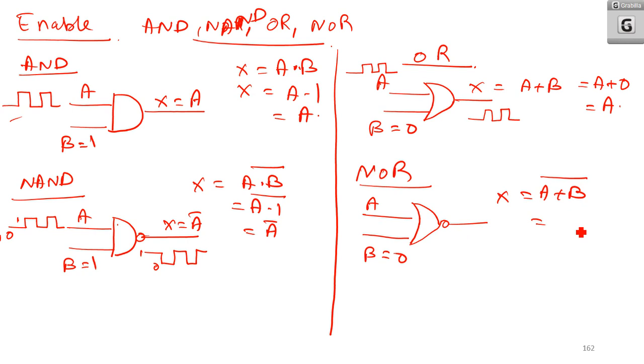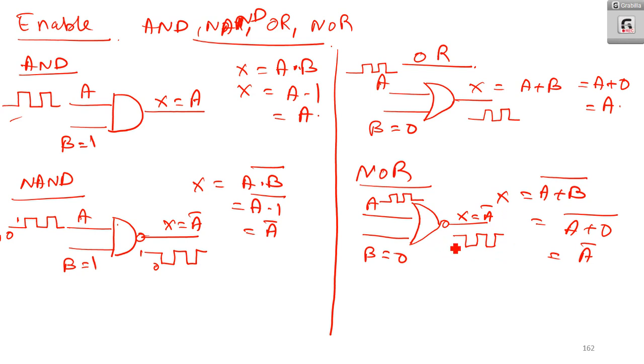So what will you get? You will get just (A or 0) the whole bar. What is A or 0? A or 0 is A itself. So you will get the complement of A. If I am giving a signal like this to A, you will get X as the opposite of that signal. So here you will get X is equal to A bar. That means you will get the complemented signal as input to the other part of the logic circuit.